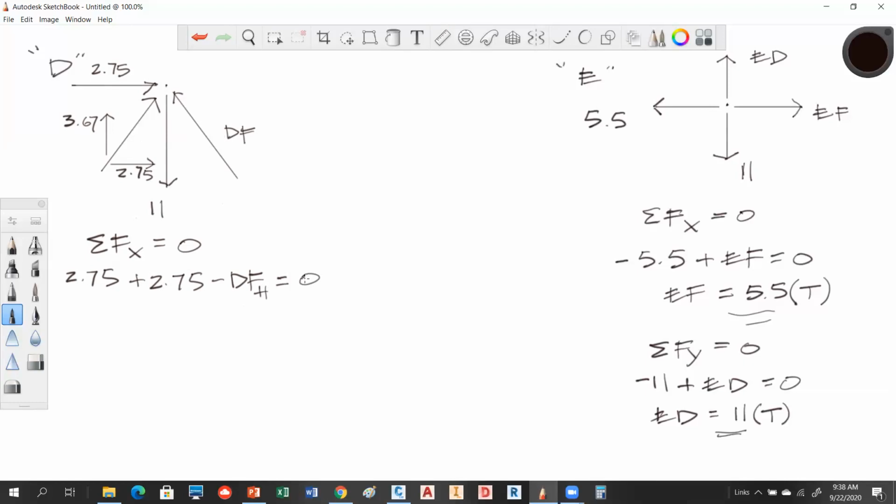That's solved, doesn't it? That gives me DF horizontal is going to give me what? 5.5? Those two added together come over as a negative. Negatives on both sides tell me that that's a positive number. Does everybody agree with that?